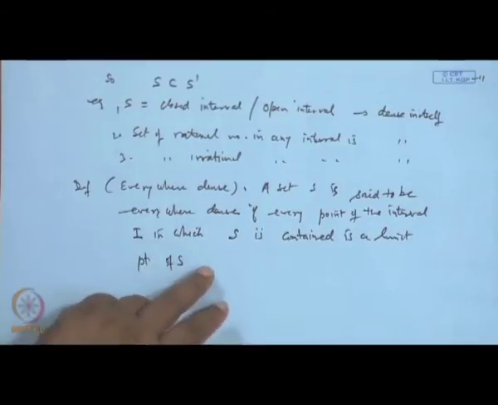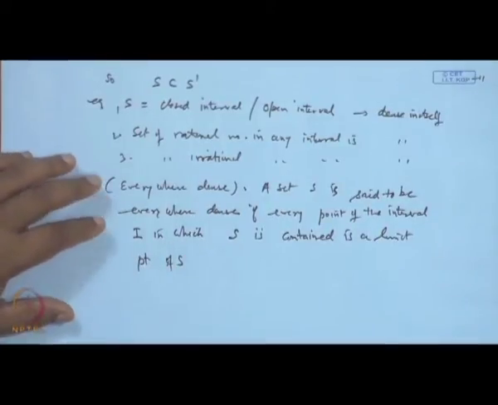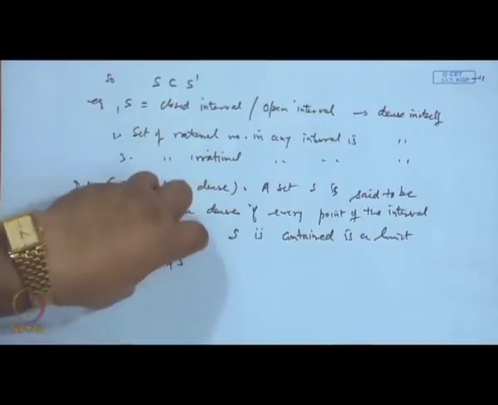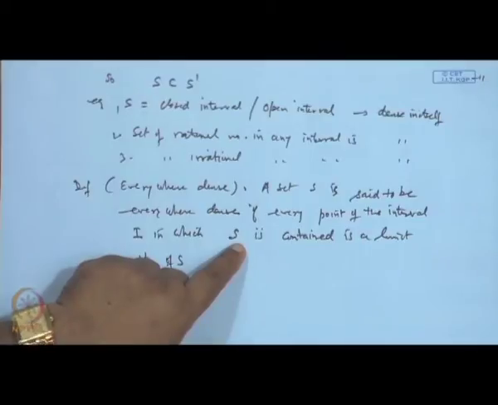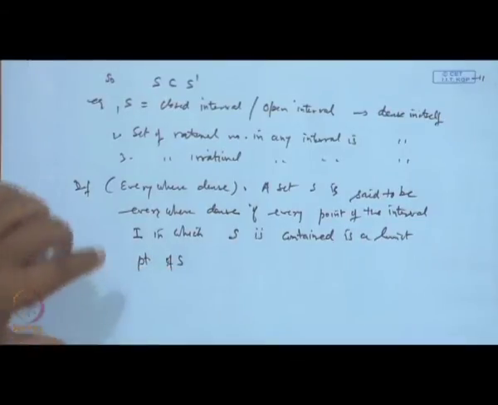A set is said to be everywhere dense if every point of the interval in which S lies must be a limit point of S.